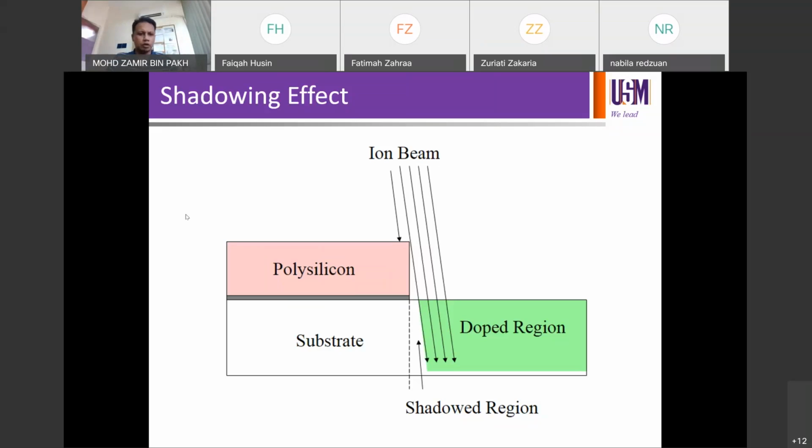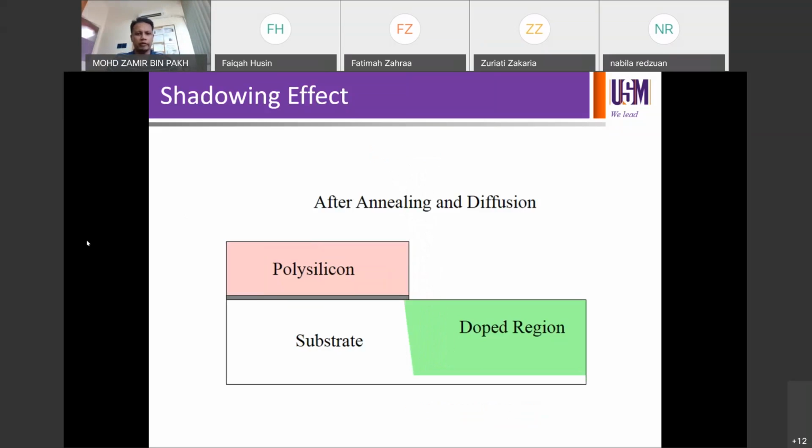That can be compensated by having a post-diffusion process after the implantation, because the nature of diffusion involves vertical, diagonal, and lateral diffusion of the impurities of the doped region, so that you can compensate the areas shaded during ion implantation and cover the whole area that you want to dope.